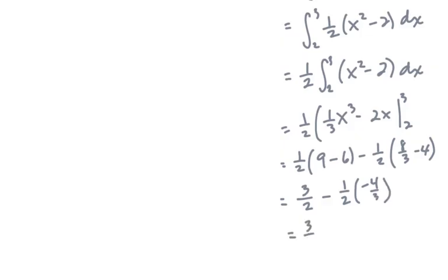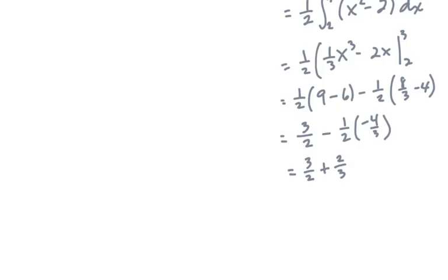So we have 3/2 minus, or plus, that would be 4/6, which reduces to 2/3. So your common denominators are 6. So this would be 9, and 2 times 2 is 4. So the final answer is 13/6. So that's the length of that arc from 2 to 3 when y is positive. So that's the exact length of the curve.